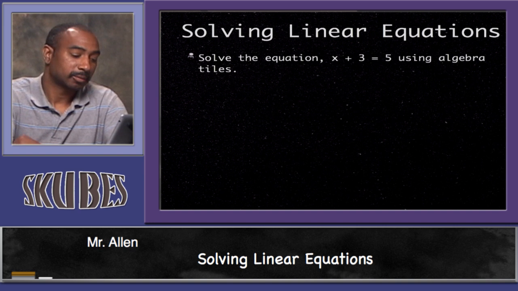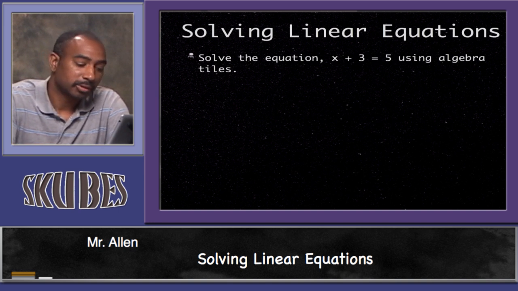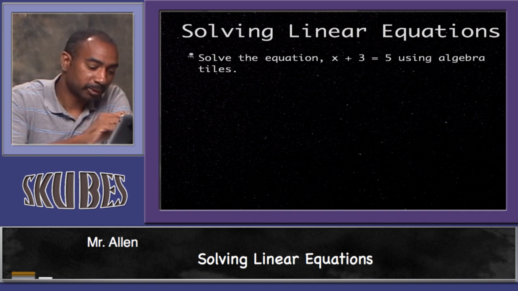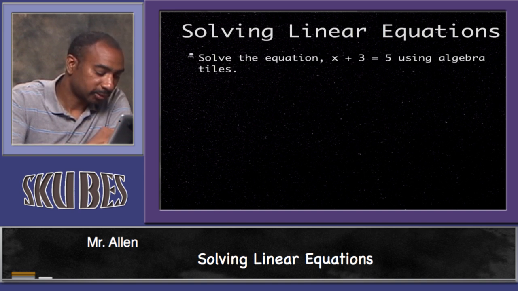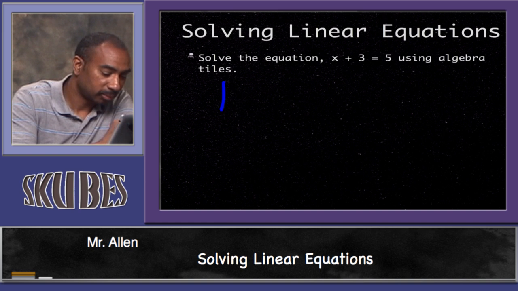All right, let's apply this. Let's say I want to solve the equation x plus 3 equals 5 using algebra tiles. Now, first of all, x plus 3 is positive. So for x, I'm going to use a blue rectangle. And then for 3, I have 3 ones.